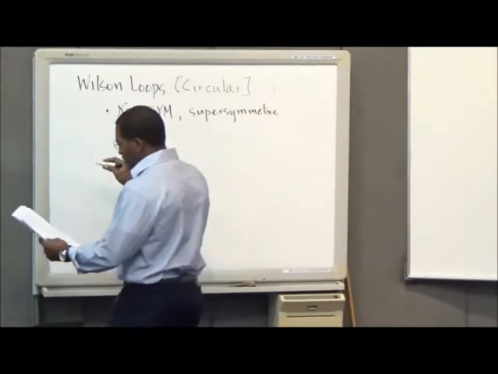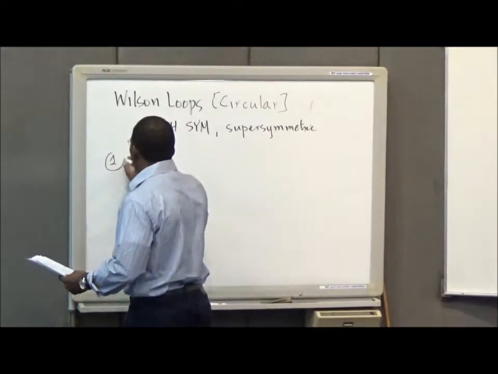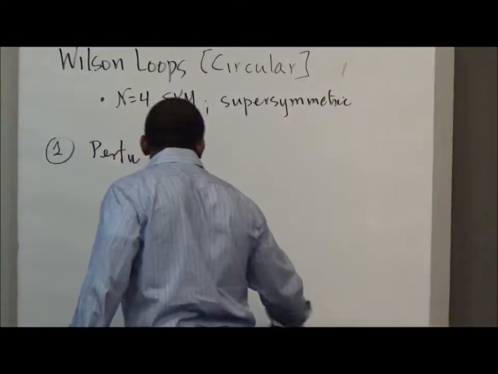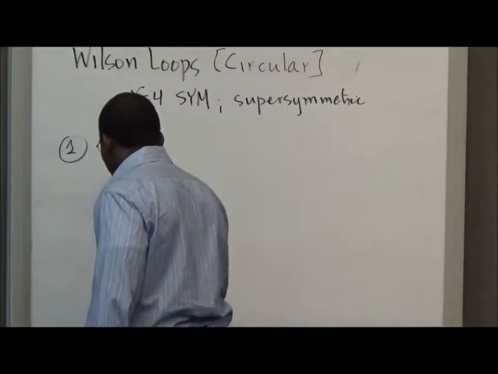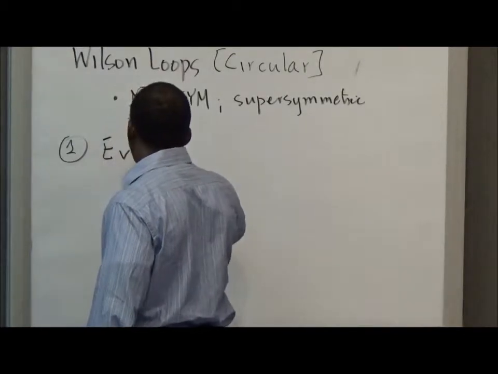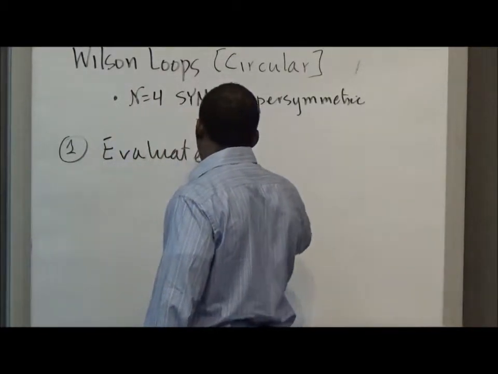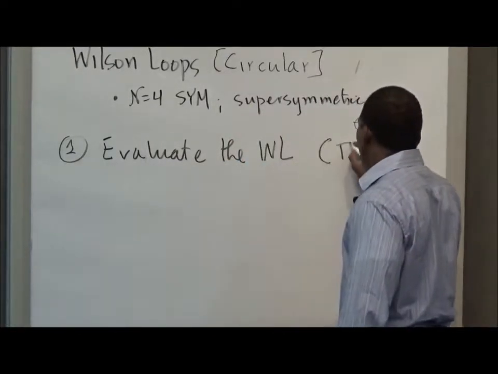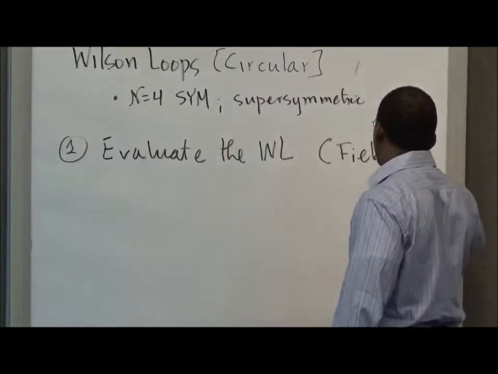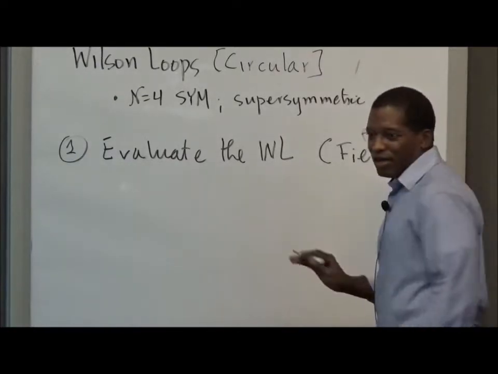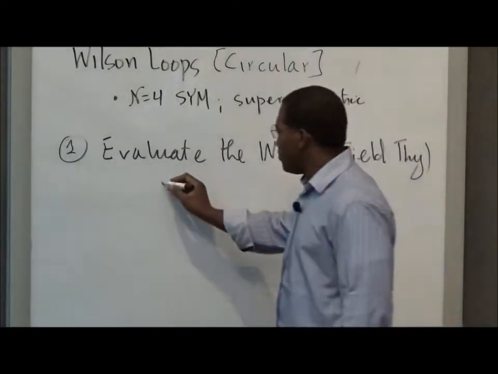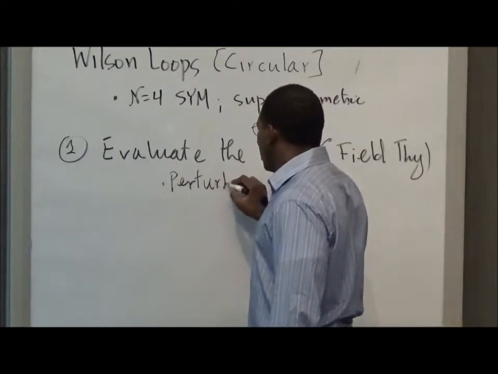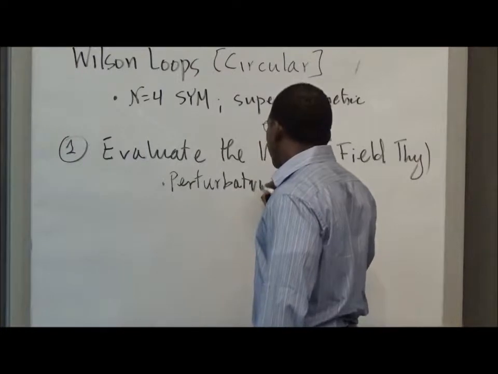So what I plan to do concretely is, first, to basically evaluate the Wilson loop. This is going to be just field theory, just as a question in field theory. What I'm going to do first is the most obvious, which is perturbative. I'll show you some perturbative evaluation.